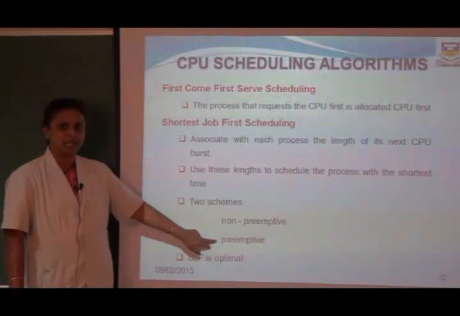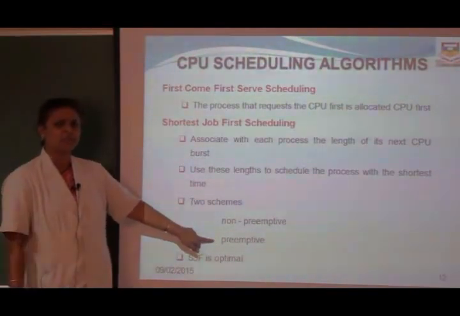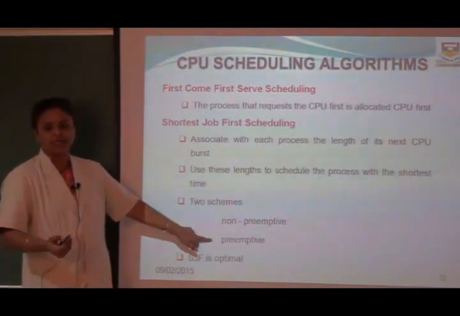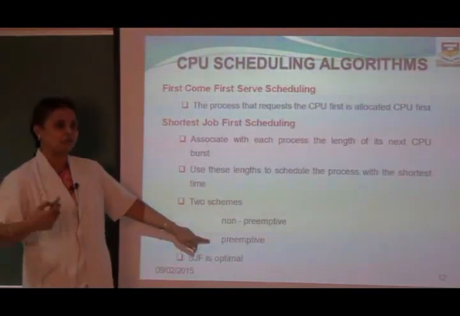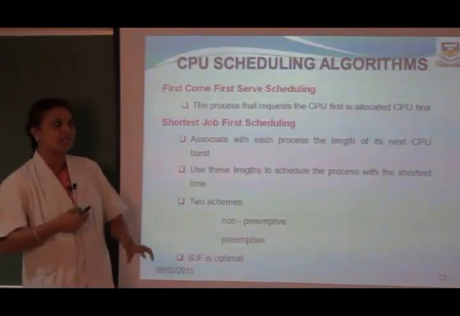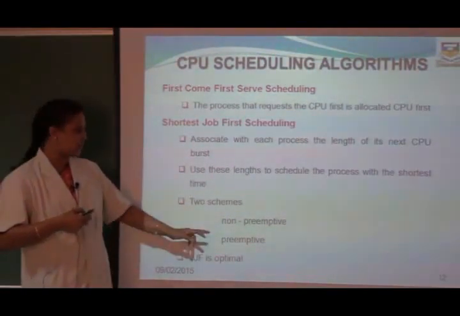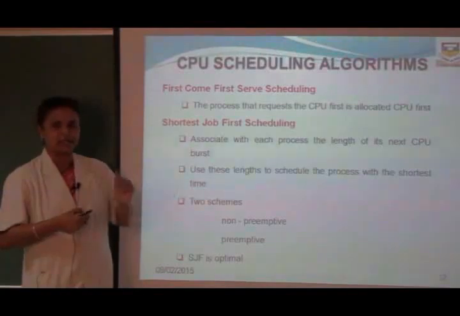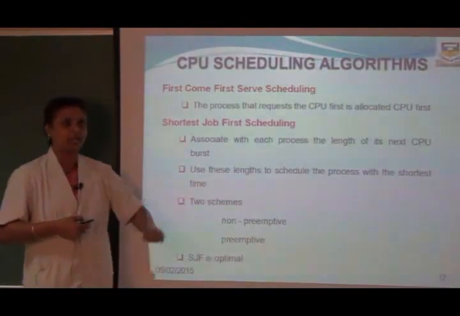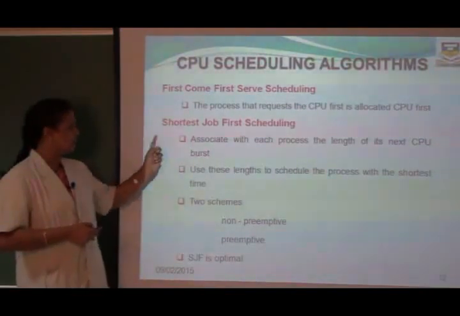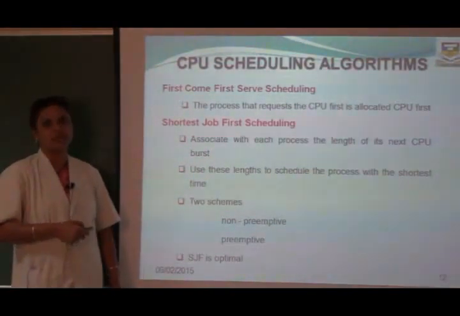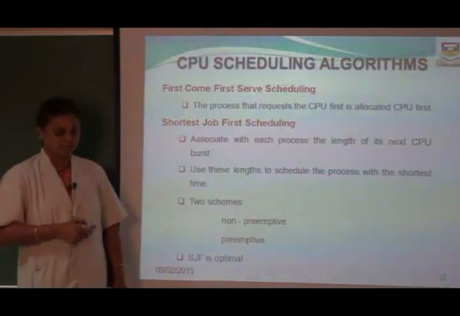But in the case of preemptive, the CPU is executing a particular process, and suppose a new process arrives with a smaller burst time. Immediately the CPU is preempted from the currently executing process and allocated to the newly entered process. In general, the shortest job first scheduling algorithm produces optimal results.